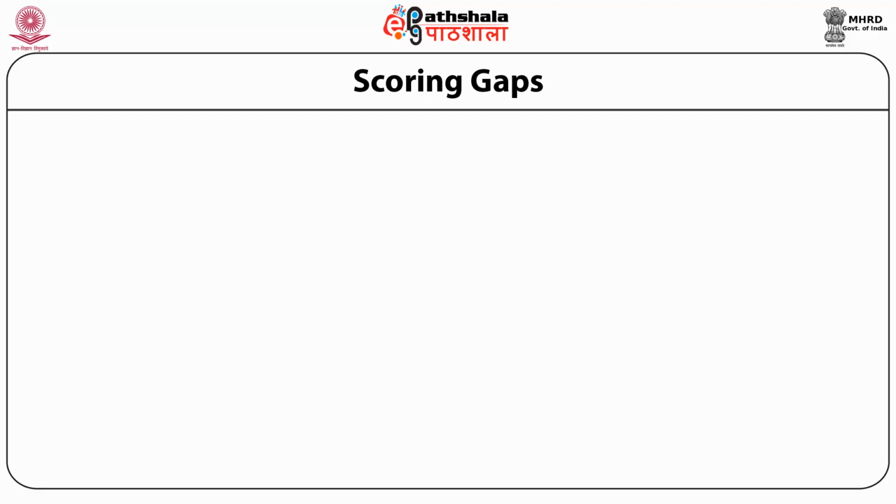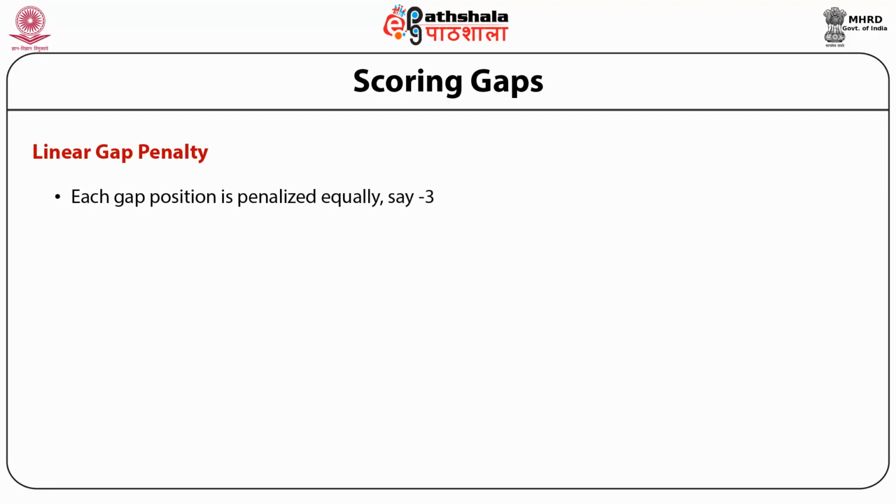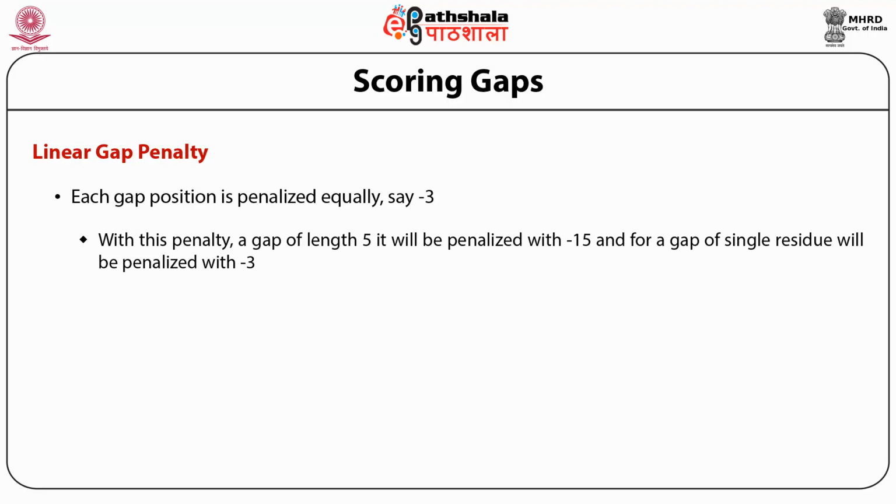There are two models of scoring gaps. First is the linear gap penalty model and second is the affine gap penalty model. Using linear gap penalty, each gap position is penalized equally. This allows insertions or deletions of individual residues independent of the insertion or deletion of nearby residues.